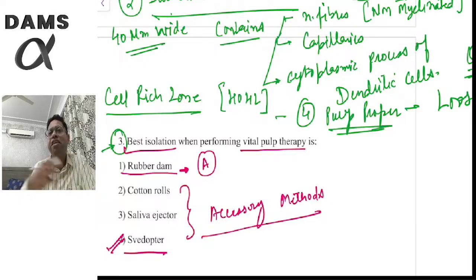At times, the patient breathes through the mouth. So, in such situations, for asthmatic patients, we would avoid using a rubber dam. Otherwise, it would always be a first choice answer. So, there is no specific local procedure based contraindication for application of rubber dam.